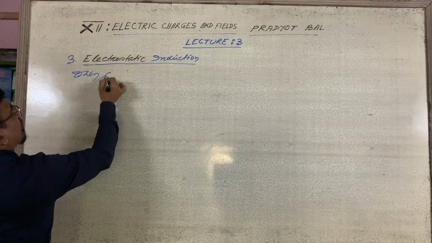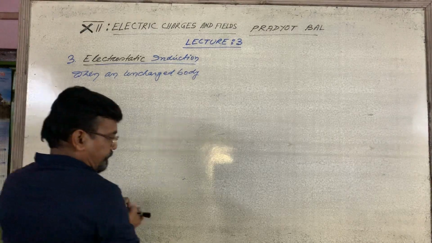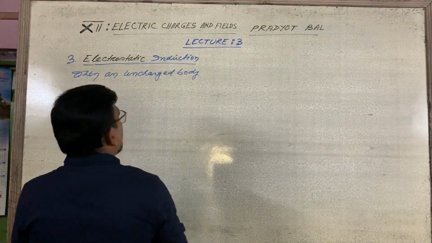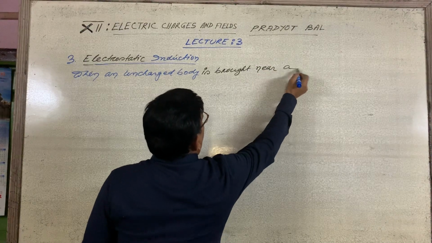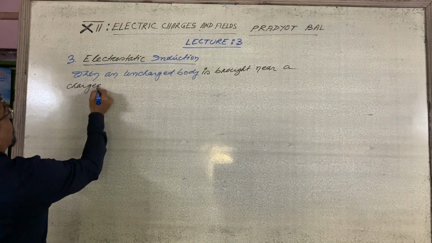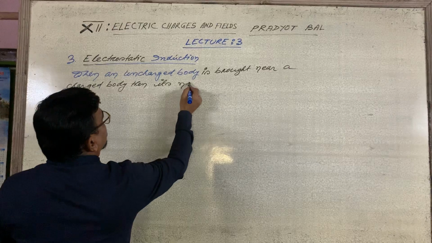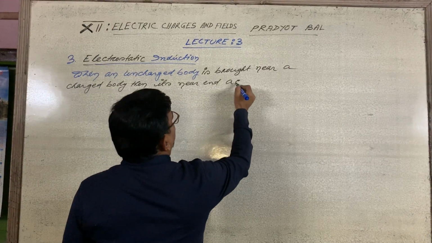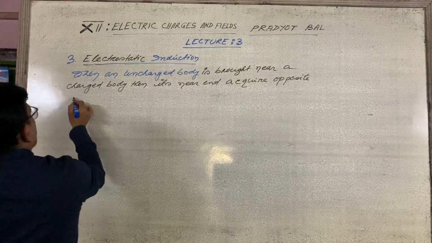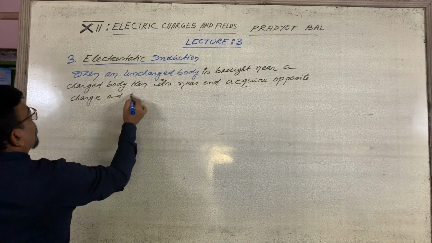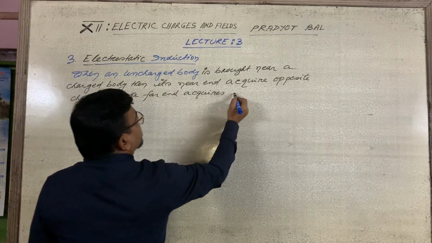When an uncharged body is brought near a charged body, then its near end acquires opposite charge and the far end acquires the same charge.